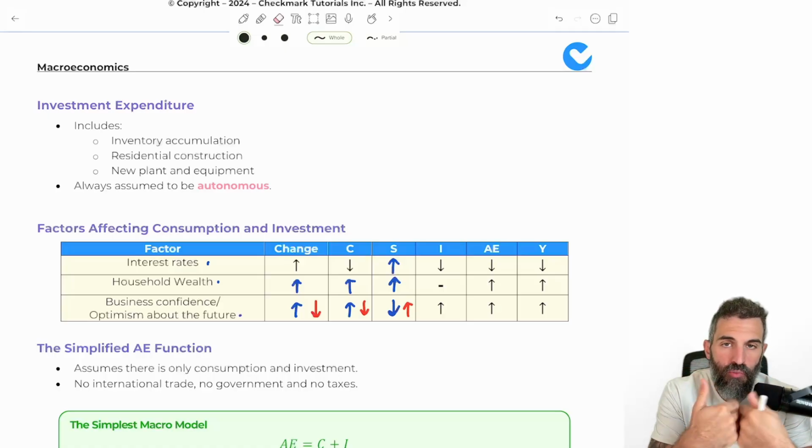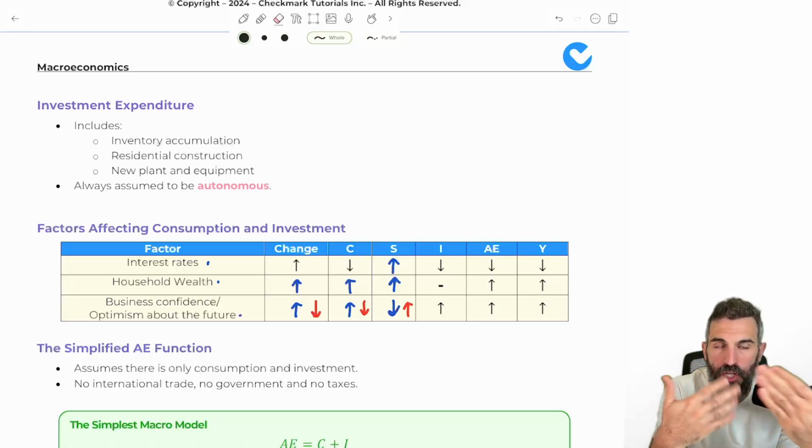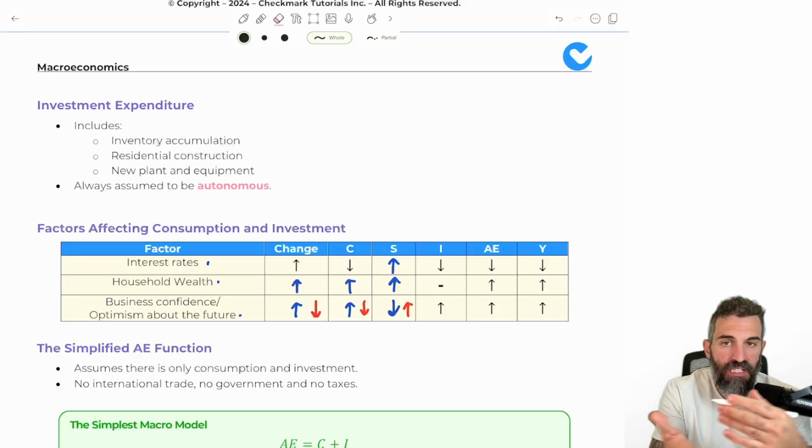Remember, inventory accumulation is not the same thing as just the production of inventory, because some inventory that is produced is consumed right away. Inventory accumulation is anytime that firms are producing more inventory than is being sold. So the inventory is accumulating, but it could also be negative.